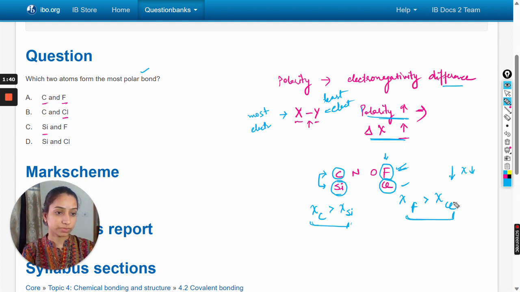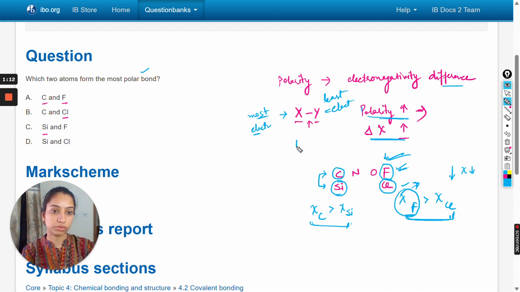And here, as we know, the halogens are the most electronegative in the whole periodic table, and if we compare fluorine and chlorine, then fluorine will have the higher electronegativity, which means the most electronegative is fluorine.